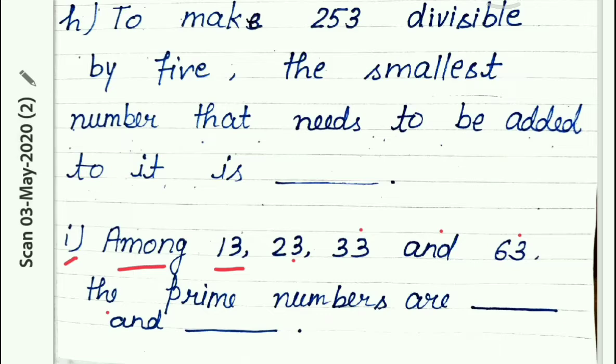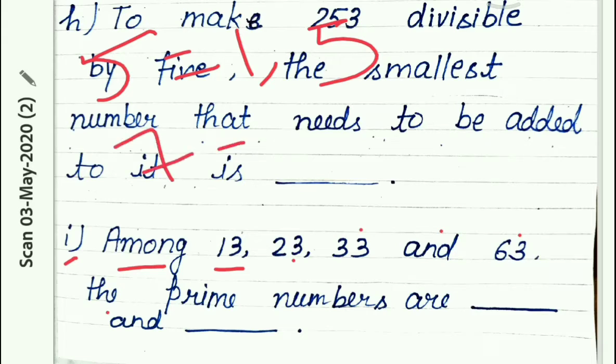Let's see an example. Suppose the number given is 5. 5 is divisible by 1 and itself only. Similarly 7 also. 7 is divisible by 1 and 7 itself only. So these are called prime numbers.